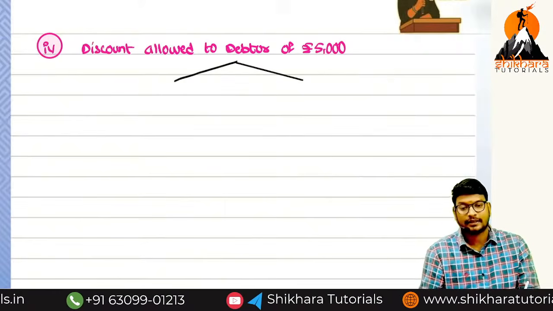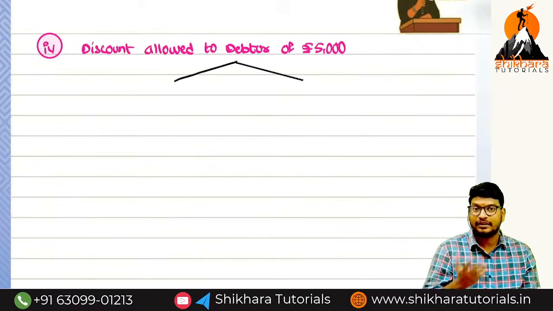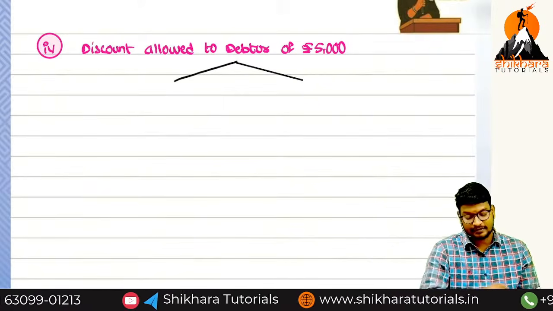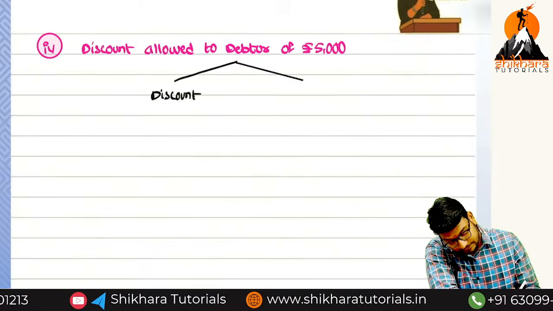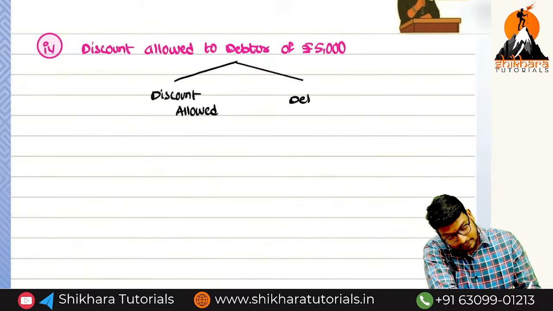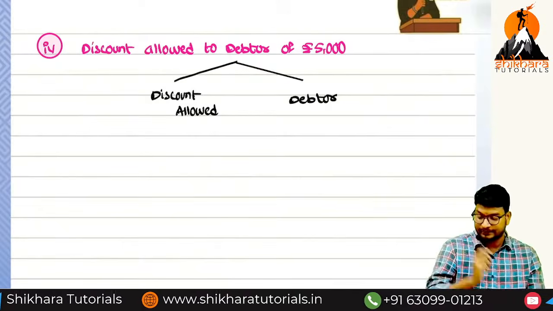Discount allowed, debtor. Most probably the students will think that discount allowed and cash. But here the involvement of cash is there or not there? There is no involvement of cash. So discount allowed and the second outcome is called as debtor. So this is an important transaction.